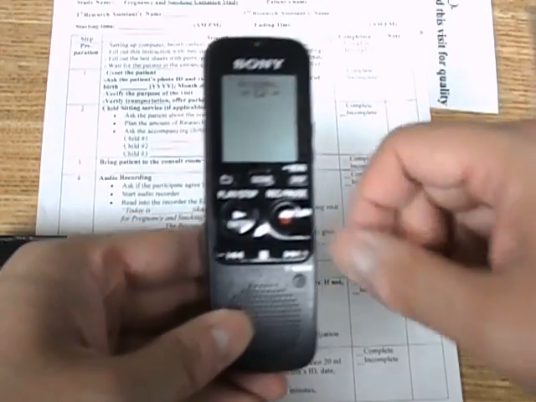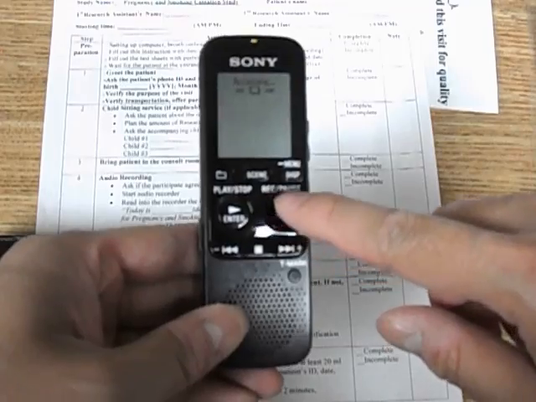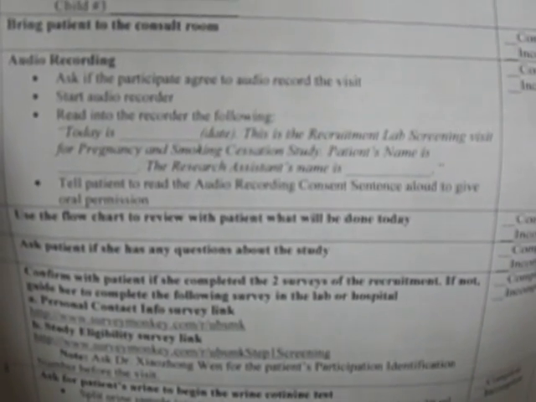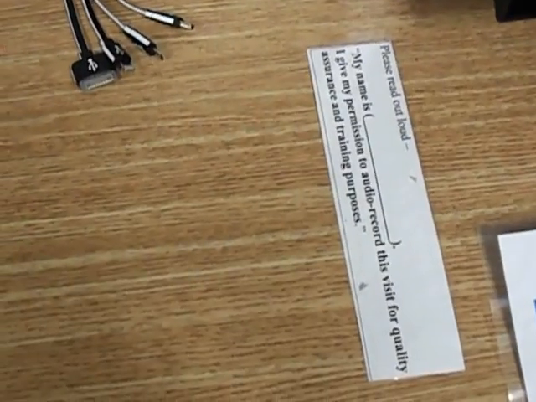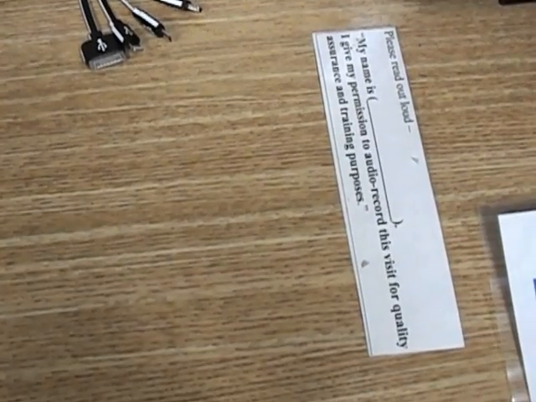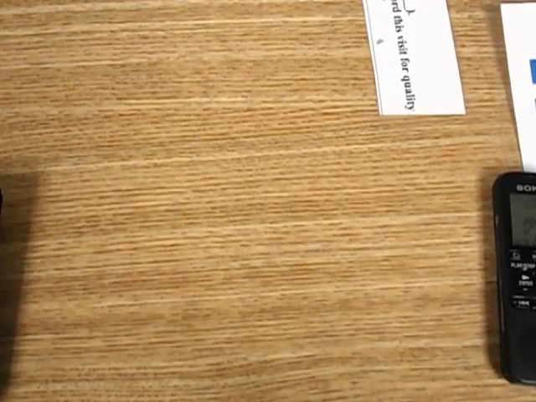Once it's finished loading, press this record button, and then you begin the recording by saying this phrase on the bottom in the auto recording box. After you say this phrase, point to make sure the patient reads that. That's on the table. All right. And after that, you can proceed.